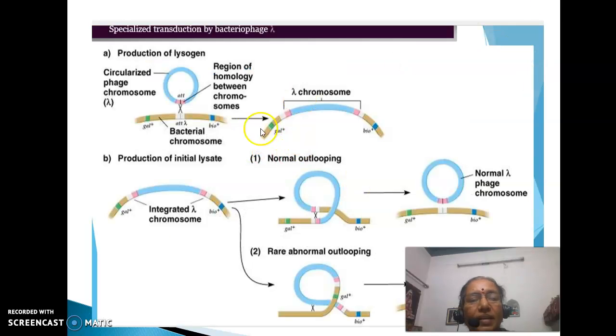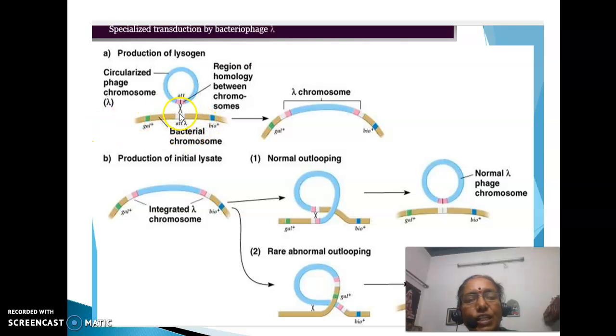Here is the diagram where the blue line symbolically represents the circularized phage chromosome with an att site. Att stands for attachment. Then we have a bacterial chromosome which has an attachment site for integration of the phage, and on either side of this site we have a gal marker and a bio marker.